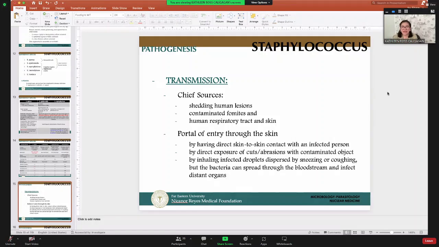The portal of entry is through direct skin-to-skin contact with an infected person, or by direct exposure of cuts or abrasions with a contaminated object, or by inhaling infected droplets dispersed by sneezing or coughing. The bacteria may stay localized in the area of inoculation, but can spread through the bloodstream and infect distant organs.